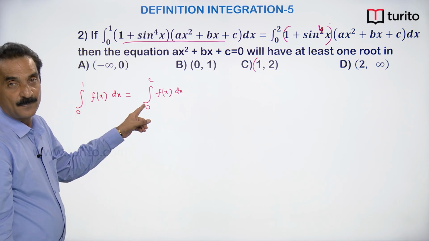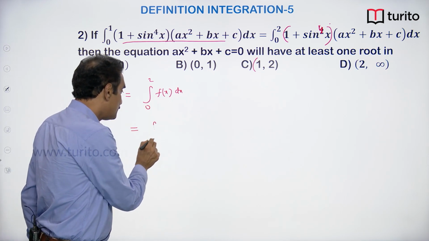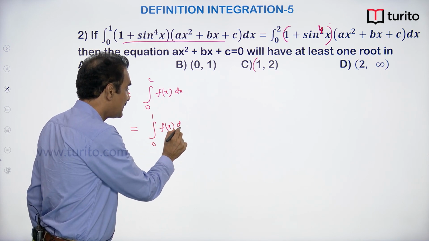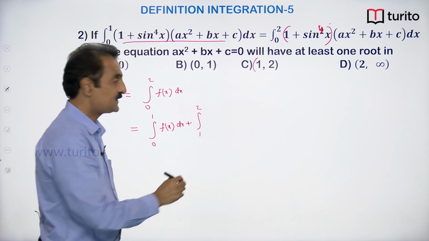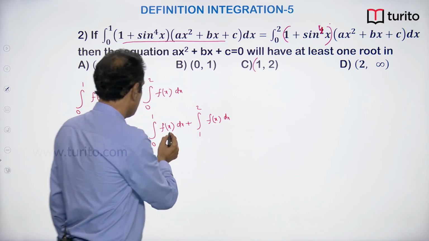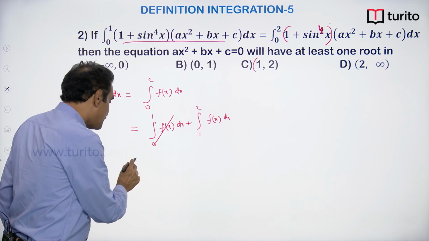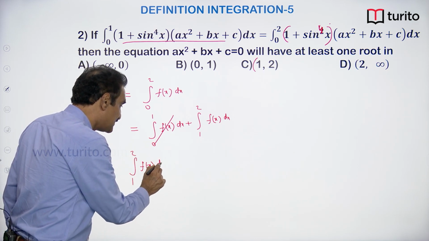We can write the RHS as integral 0 to 1 f of x dx plus integral 1 to 2 f of x dx. Then this will cancel. Then integral 1 to 2 f of x dx is 0.